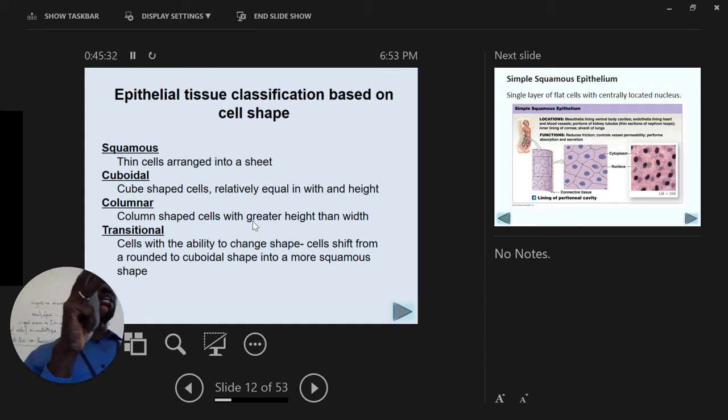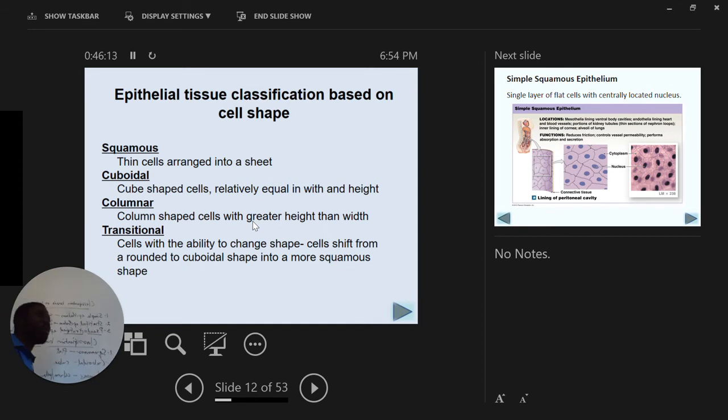When the urinary bladder is not contracted, if it's not filled up with urine, your urinary bladder, when it's empty, it has the cuboidal shape. But when it is full, what's going to happen? It's going to stretch. So when it stretches, it won't maintain the cuboidal shape again. It will look flat. Does that make sense? So something that looks fat before, but by the time you stretch it, it looks flat.